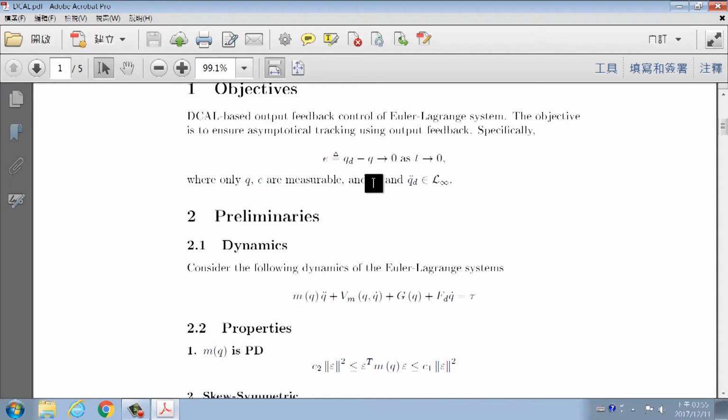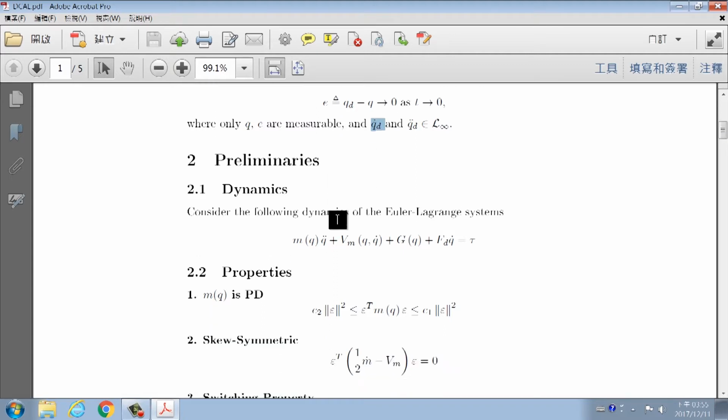So only q is measurable, not q dot, not q double dot. And of course your desired trajectory qd has to be bounded.